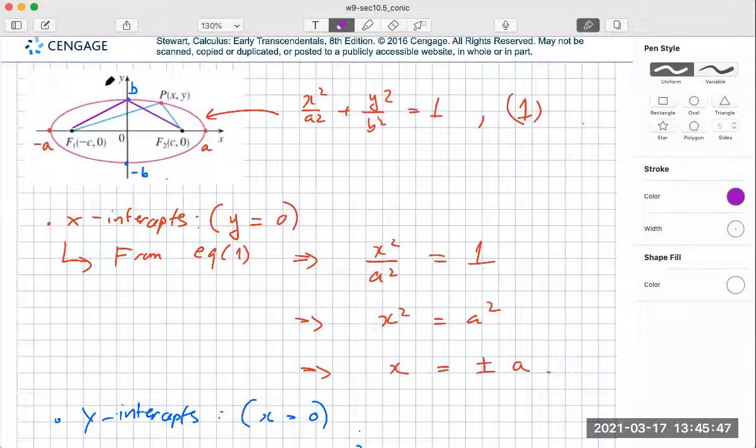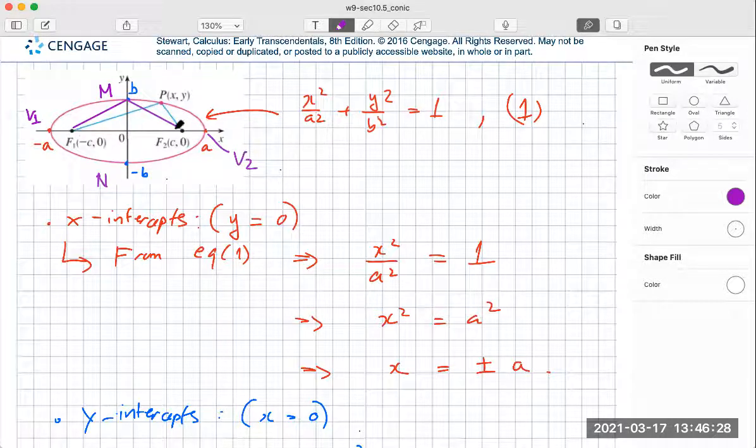Let us call this point M and this N, the vertices V1 and V2, okay? So look at this triangle M O F2, right? The sum of the distances from the point M to F1 and F2 will be 2a. Do you agree? By definition, the sum of the distances from a point on the ellipse to the two foci is 2a.